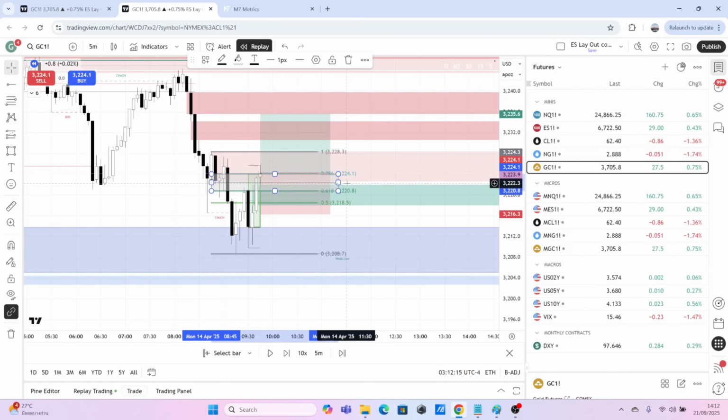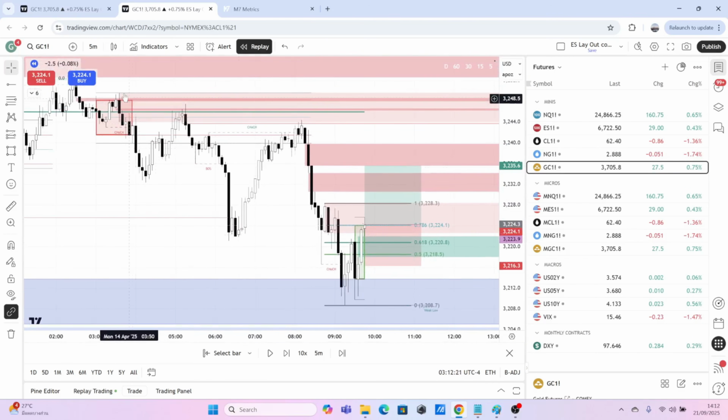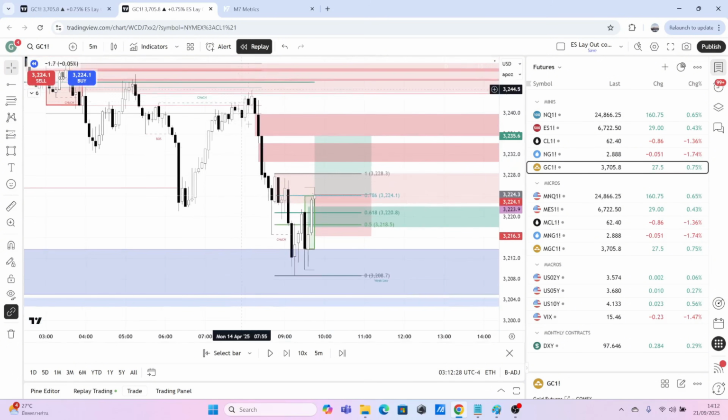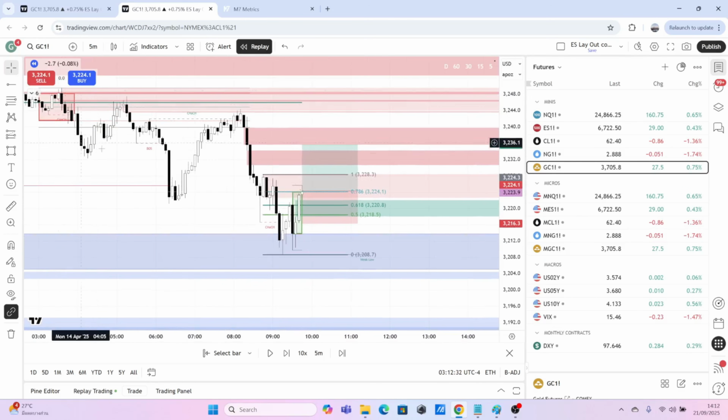So I will not be taking this trade because we are in bearish order flow. See, high, lower low, lower high, lower low, lower high, lower low. So this is bearish movement down here.